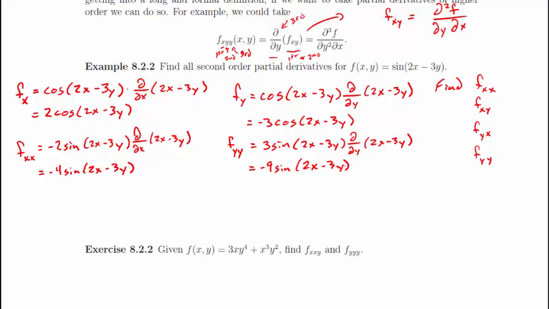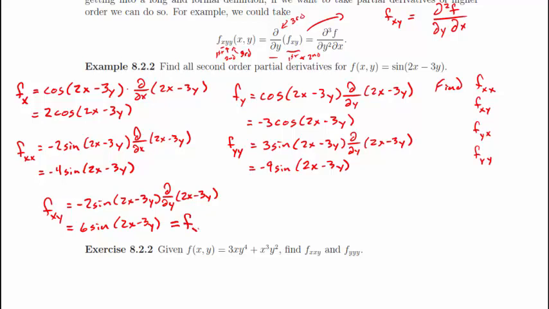Our last one then is f sub xy, so I take the derivative with respect to x first and then with respect to y, and here we're going to have negative 2 sine of 2x minus 3y times the partial derivative with respect to y now of 2x minus 3y. We know that this is negative 3, it multiplies by the negative 2, and it gives me positive 6 sine of 2x minus 3y. We know that this does equal f sub yx.